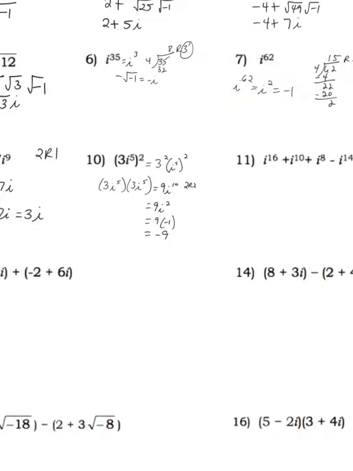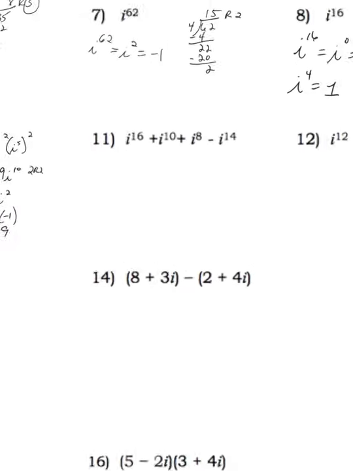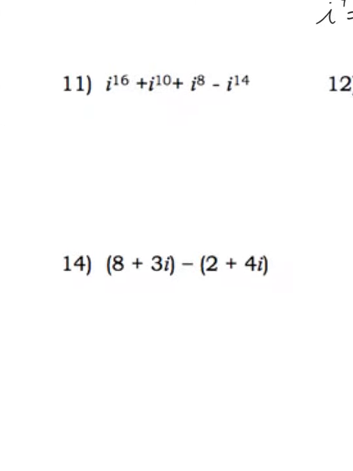Oh, I almost tried to skip one again. I knew it. Okay. So really, this is just based on your ability to break i's down. Remember that i to the 16th is the same thing as i to the 4th, which is 1. i to the 10th, 4 goes into 10 twice with a remainder of 2.